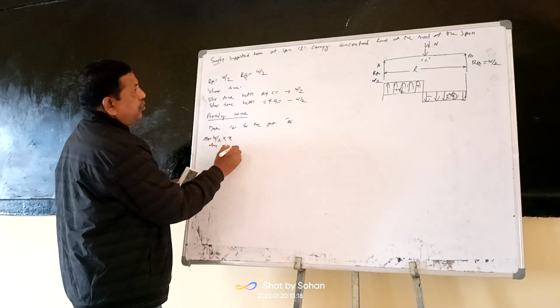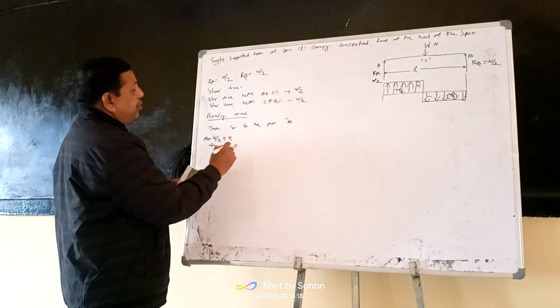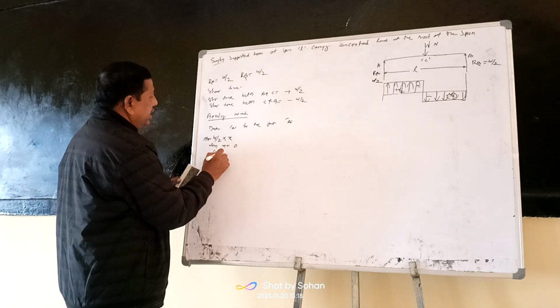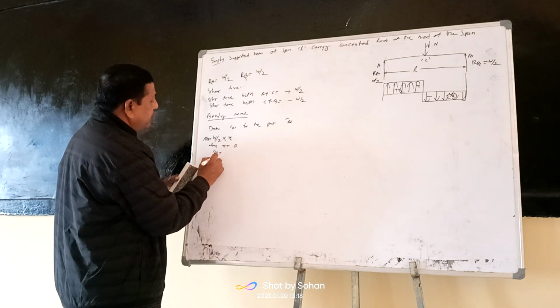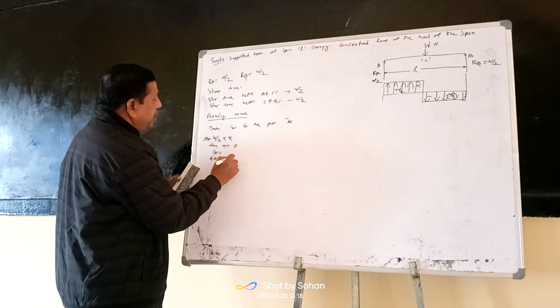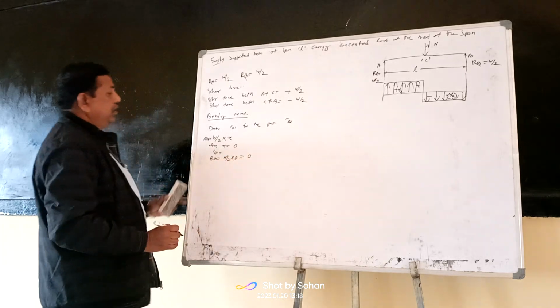When x is equal to 0, at the point A, the bending moment is equal to W by 2 into 0, which is equal to 0.